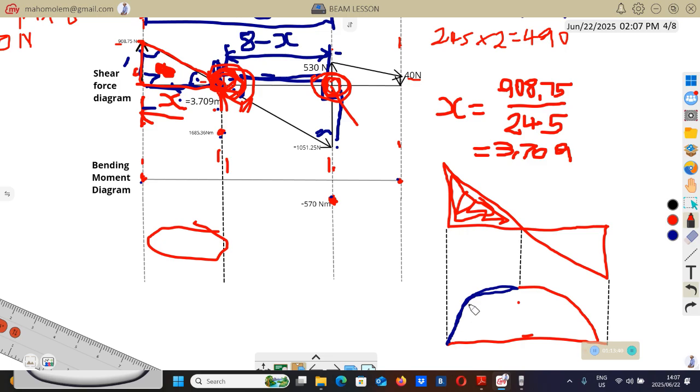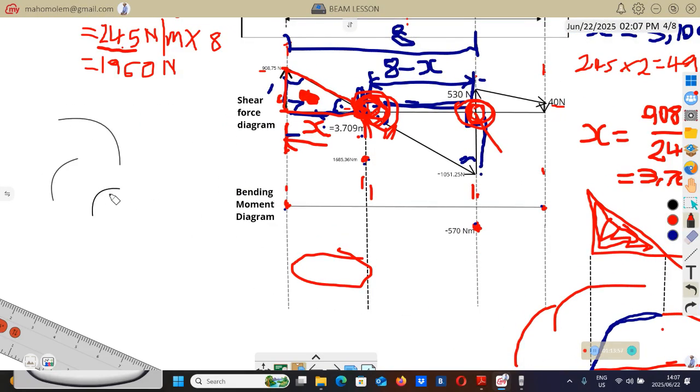Our curve will be drawn like this. So from here to there, our curve will go like that. It will be something like this, like that.